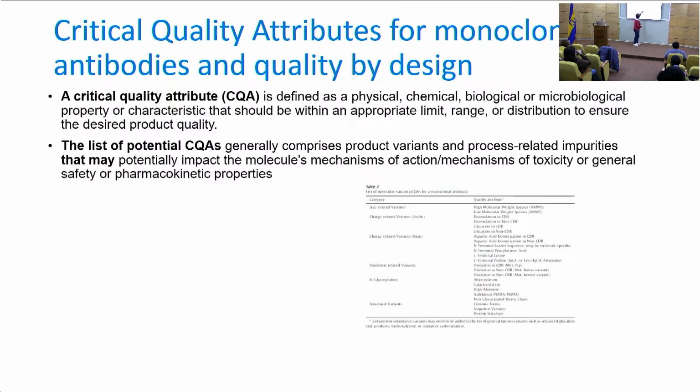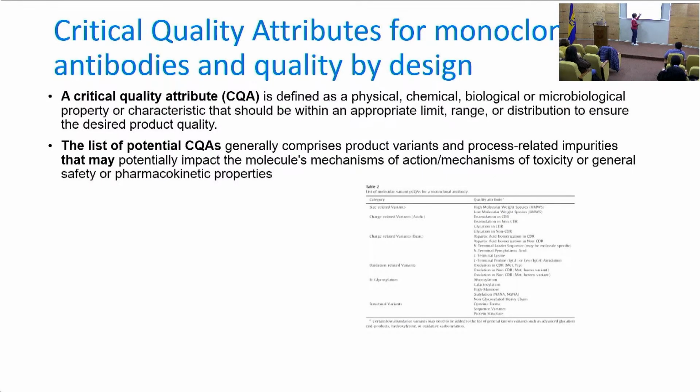We also have basic charge variants, which lose one aspartic acid or undergo isomerization of aspartic acid, and also loss of the C-terminal lysine, which leads to a variant.